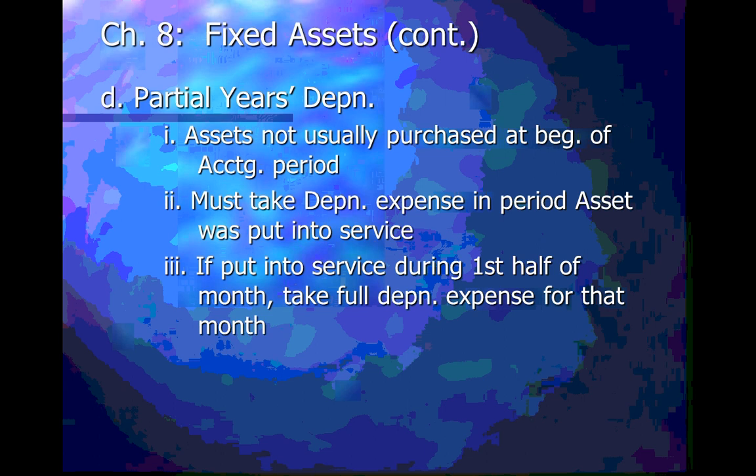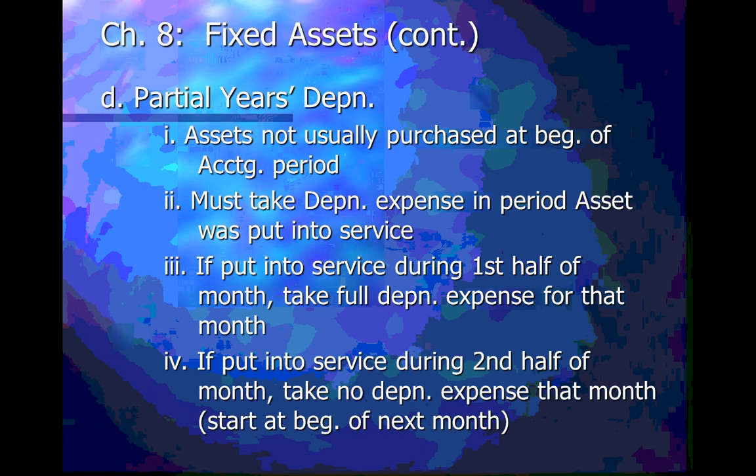But usually there's a rule of convention saying if you bought it in the first half of the month, we will take the full depreciation expense for that month. There's no way we're going to calculate this out by day like banks and loans and financial instruments calculate interest to the day. We don't do that for depreciation. Let's round it off to the nearest month. So if something was purchased during the second half of the month, we won't take any depreciation that month.